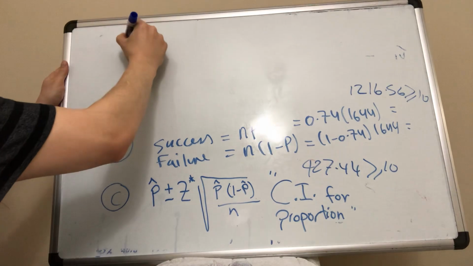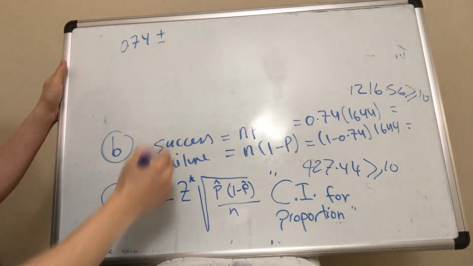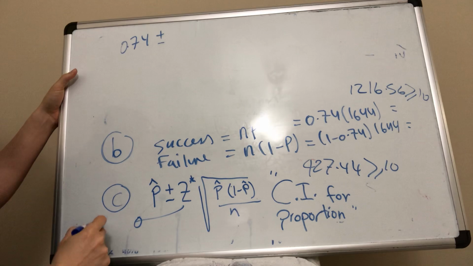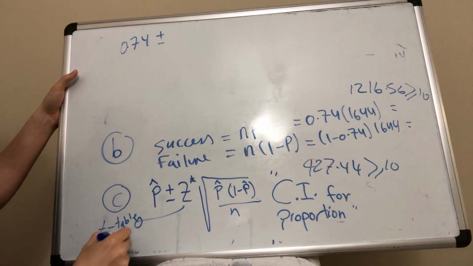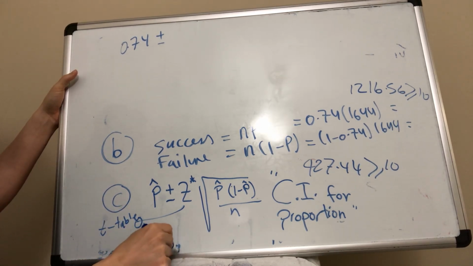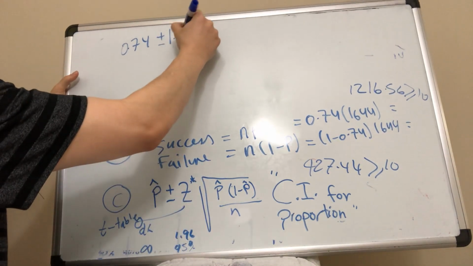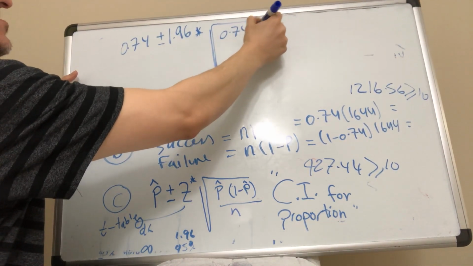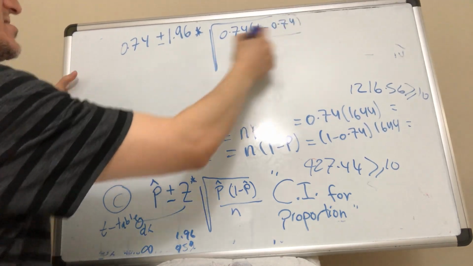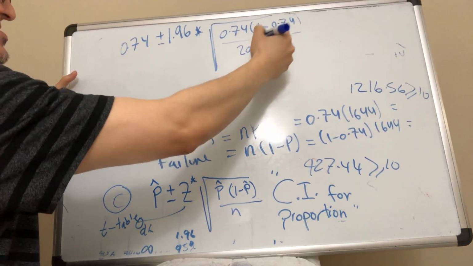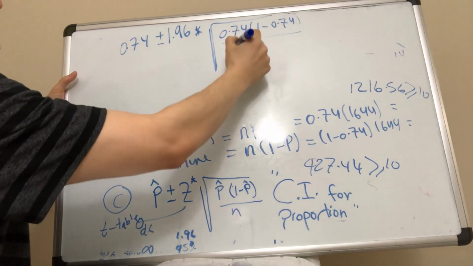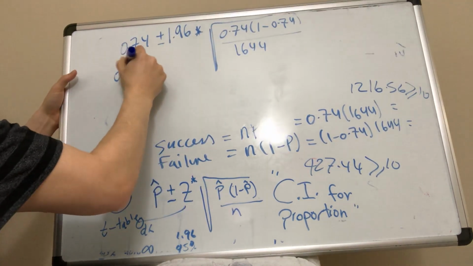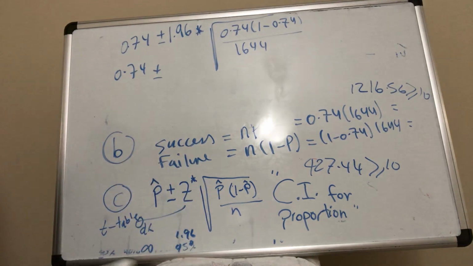Your p hat is the sample proportion given. Z star, I told you, that's from the t table. You go to degrees of freedom infinity with the number that goes with the 95, that's 1.96. And then you go 0.74, 1 minus 0.74 over the sample, and this sample is 1644. You bring the first number down, you only do the calculations for whatever comes after the plus minus.